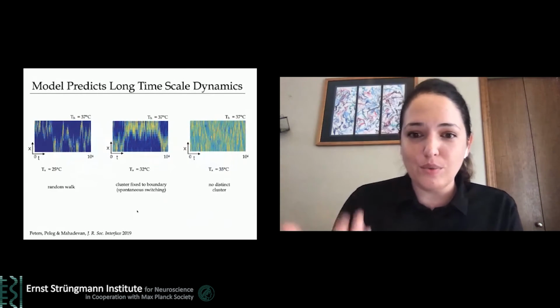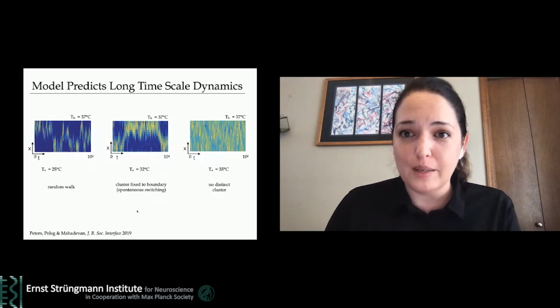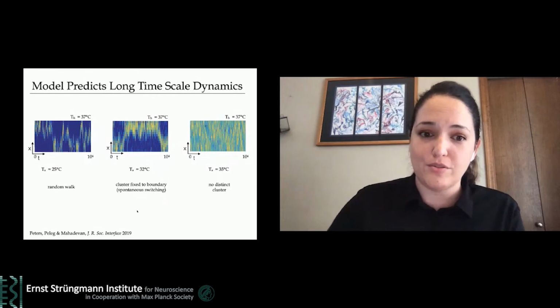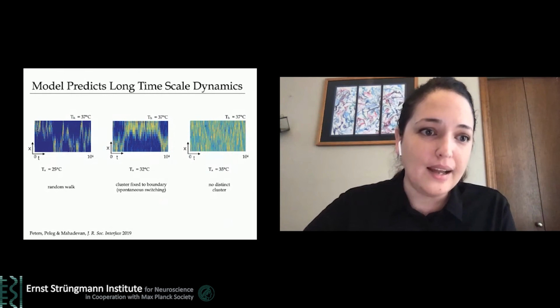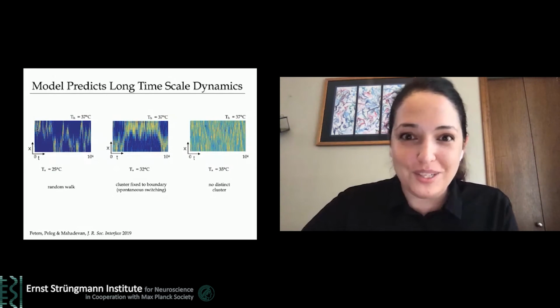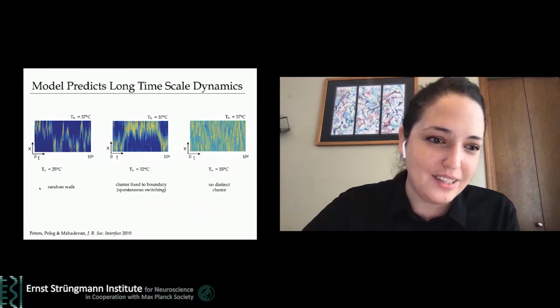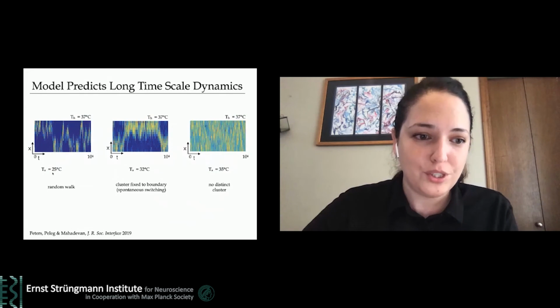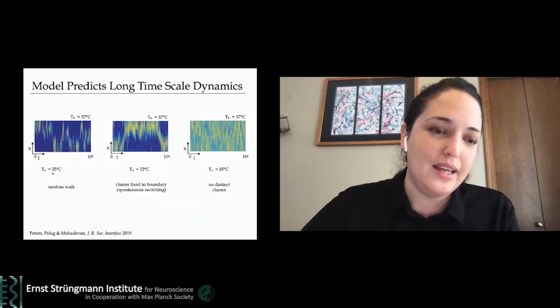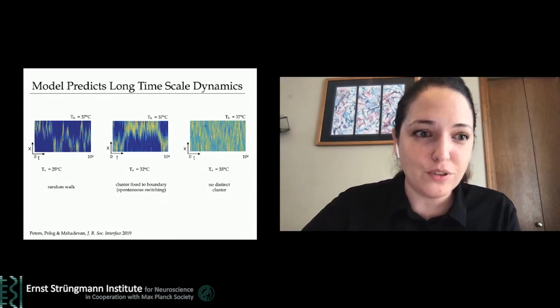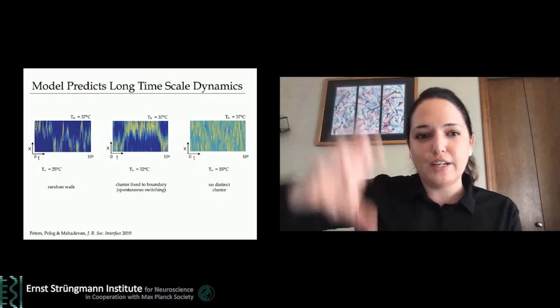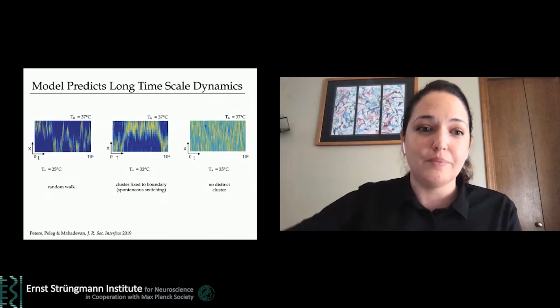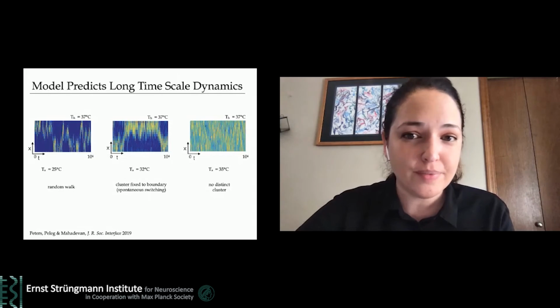But we can actually use that model to make some long time scale predictions for the dynamics of these clusters. I'm showing here three examples. On the left side, this is a case with a cold ambient temperature of 25 Celsius. You can see that a cluster is formed, and that cluster fluctuates along the entrance to the hive.